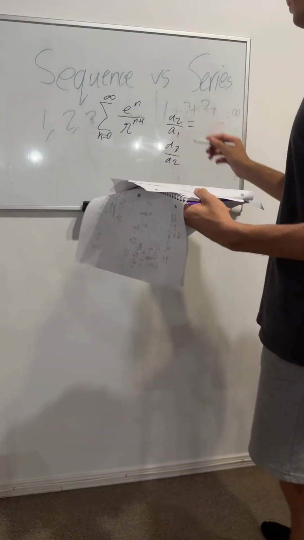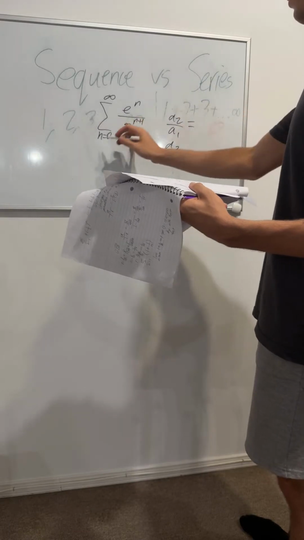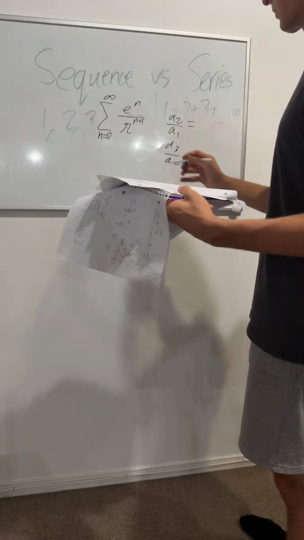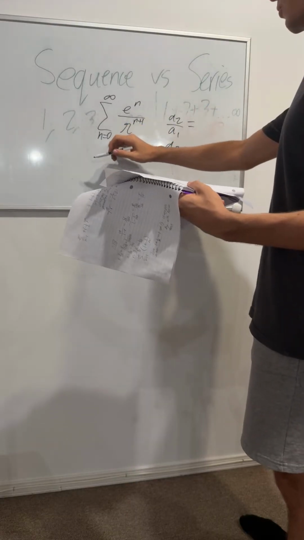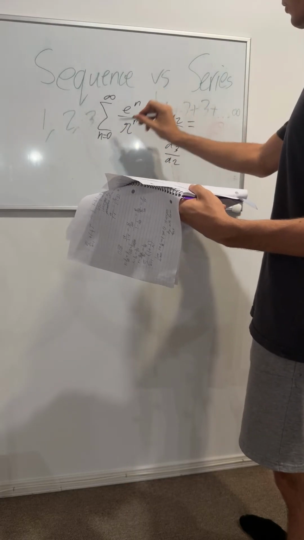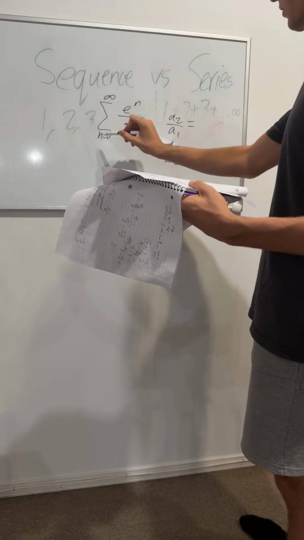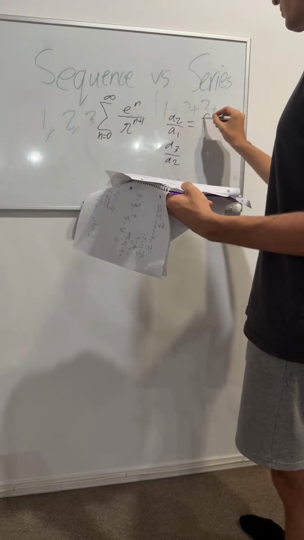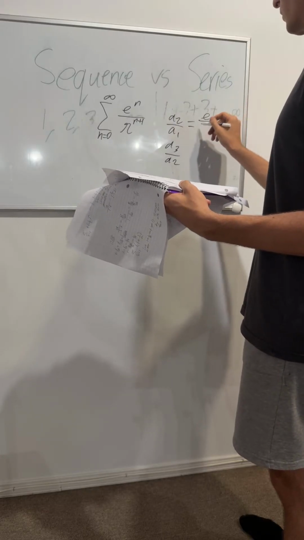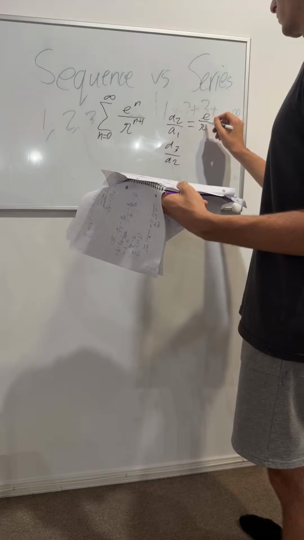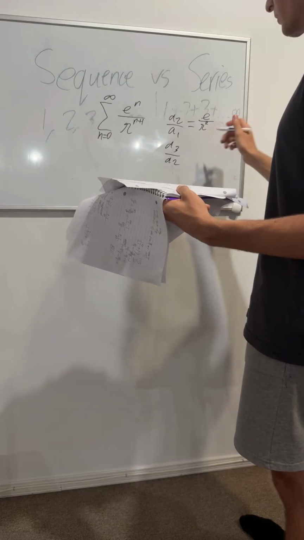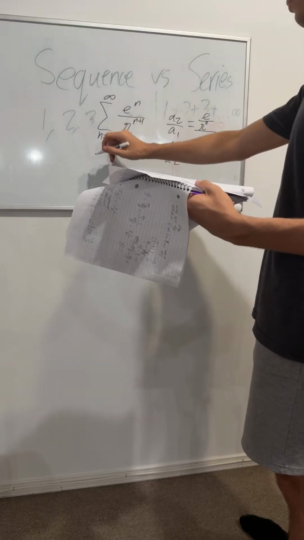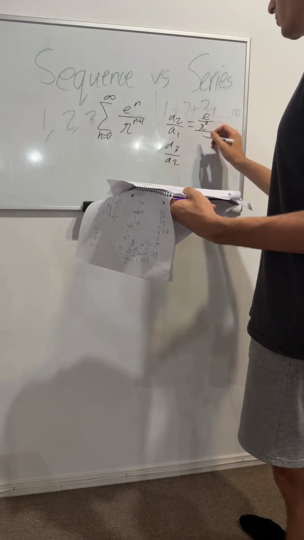Okay, let's go. So the first is 0, so the second one in the series is 1. Don't be fooled by the 2. So wherever you see an n, you gotta plug in 1. So that becomes e over pi to the pi squared, over, and then the first one is 0, so e to the 0 is 1.